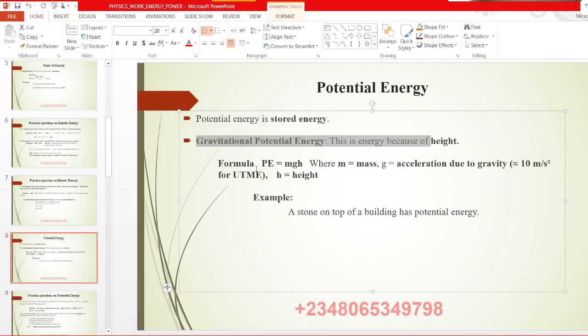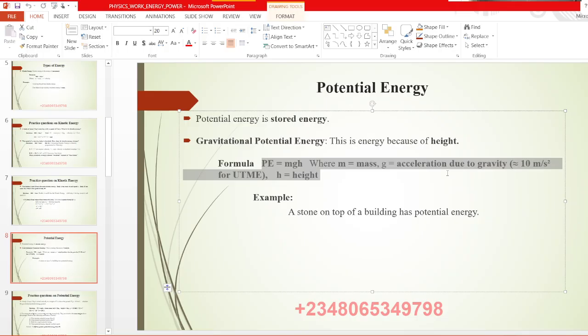It is calculated as potential energy equals mass times gravity times height, where mass is m, gravity, acceleration due to gravity, is 10 meters per second square for UTME, and height equals h. In some cases, it might be specified that the acceleration due to gravity is 9.8 meters per second square. Just look at your question very well.